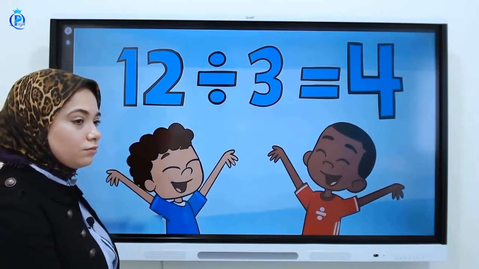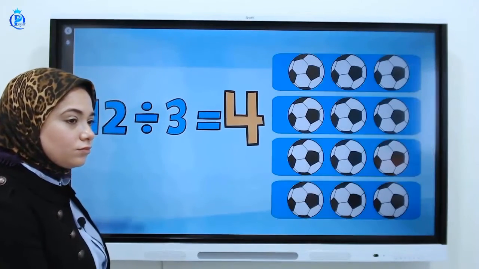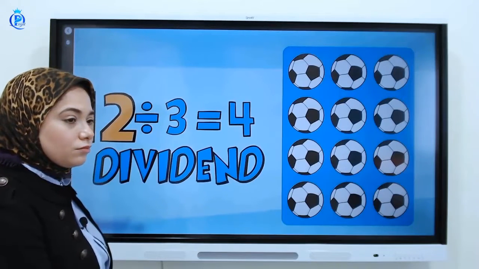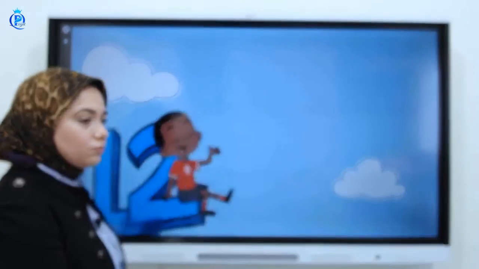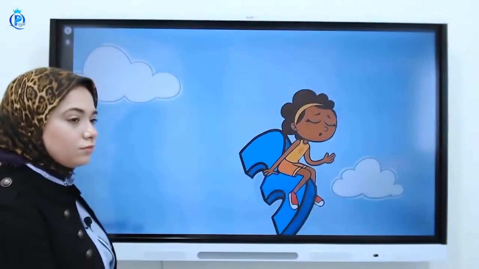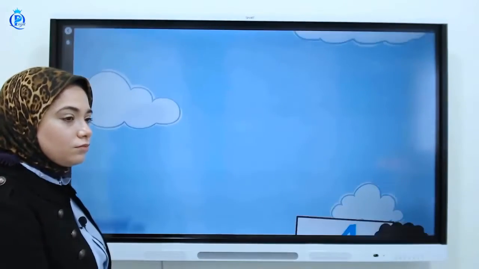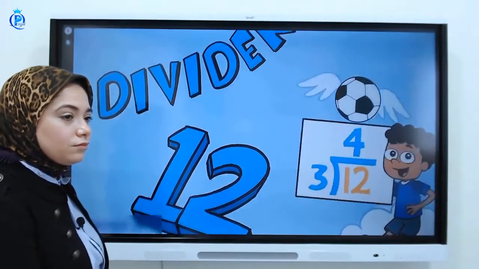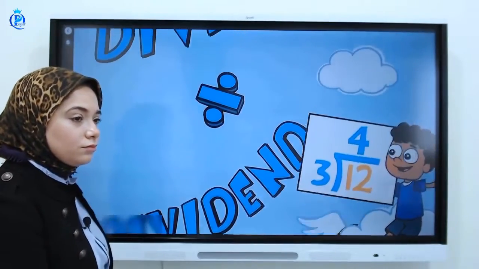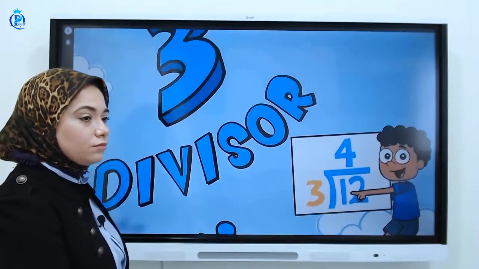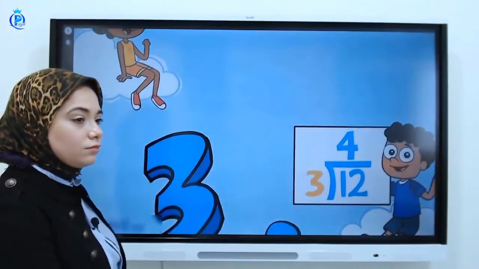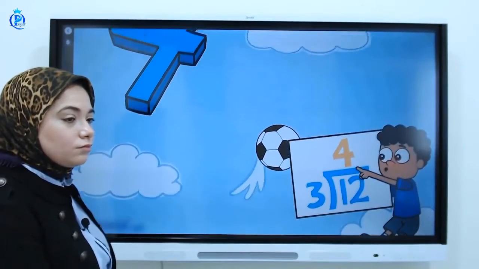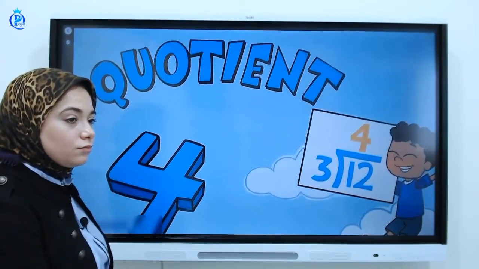We see 4 equal groups in all, so we call 4 the quotient, 3 the divisor and 12 the dividend. The number divided is the dividend. Find the number of groups. That's the quotient.